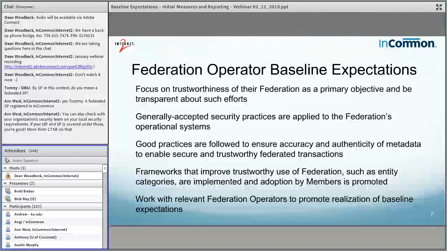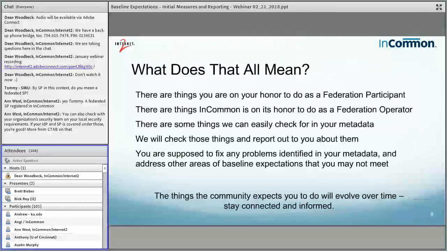And then we need to use frameworks like entity attributes, things like the Assurance Framework, research and scholarship entity category, to increase the level of trust in participation in the Federation. And we need to promulgate this across the Federation, and other federations, with our contacts with other Federation operators and through editing. So really, what does that all boil down to?